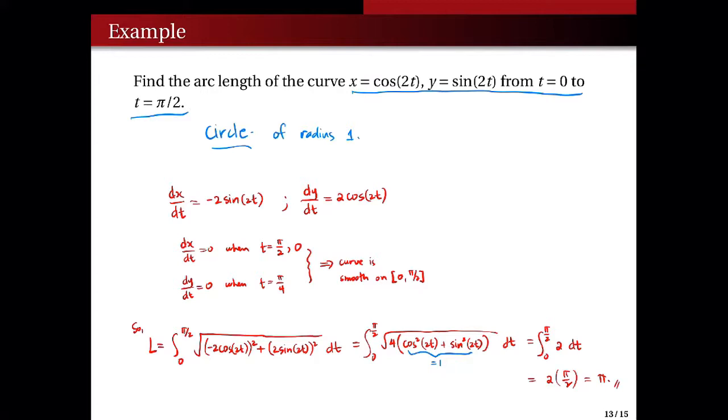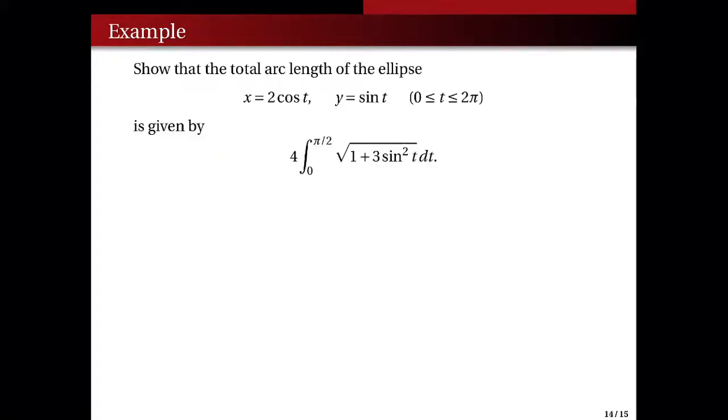Okay? So again, this is just a semicircle. So let me write it here. Anyway, show that the total arc length of the ellipse x equals 2 cosine t, y equals sine t, where t is between 0 and 2 pi, is given by this formula in here.